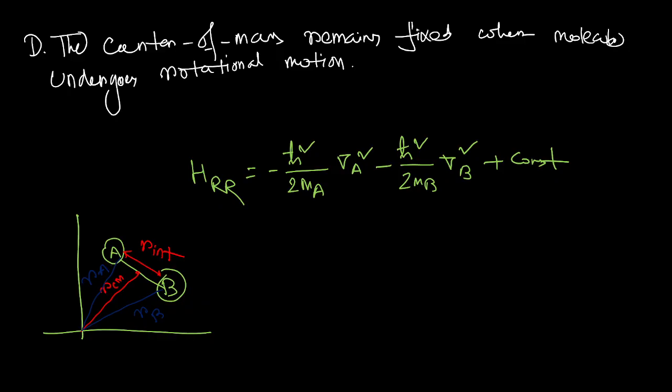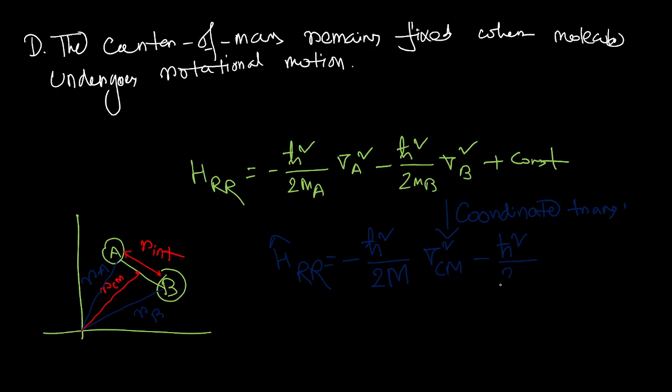Now if we represent it with respect to the center of mass, just do some coordinate transformation, then we can write the Hamiltonian as h-cut squared by 2M delta squared CM plus h-cut squared by 2 mu delta squared internal.